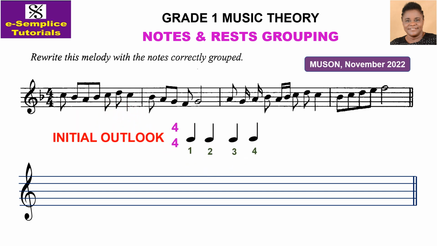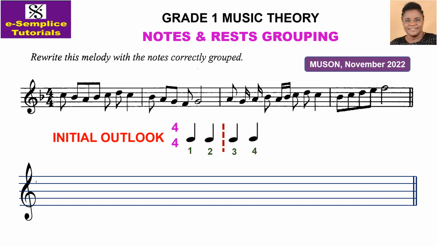Now, this is the initial outlook of 4/4 time with 4 crochet beats per bar, and there is a middle to the bar of 4/4 time, and that middle divides it into a minim on one side, another minim on the second side. Now let's go to the question.